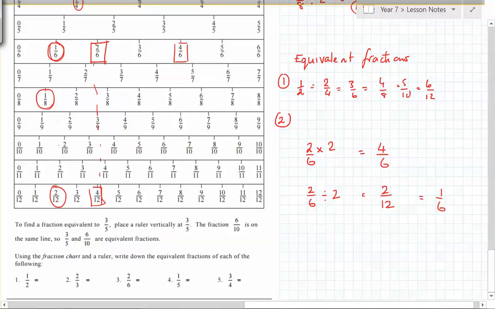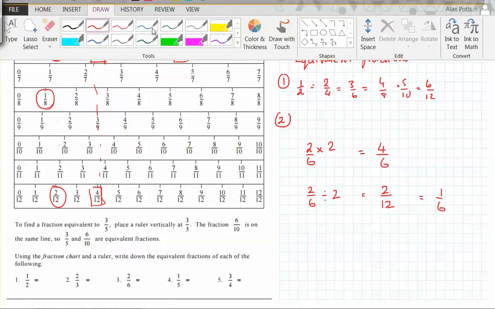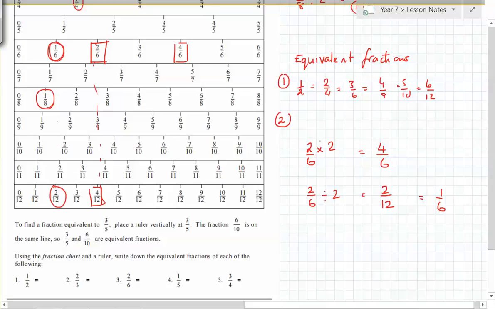The reason why I did 2/12 instead of 1/6 straight away is because hopefully you would notice that if I'm timesing by 2, I do the top number to become 4. If I divide by 2, it's the bottom number.